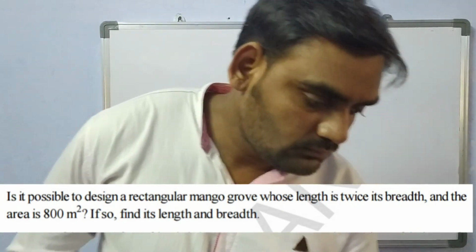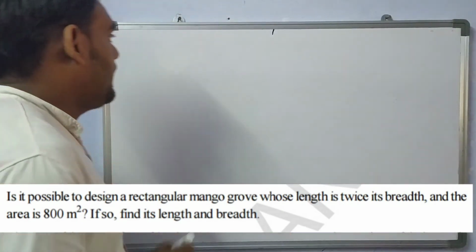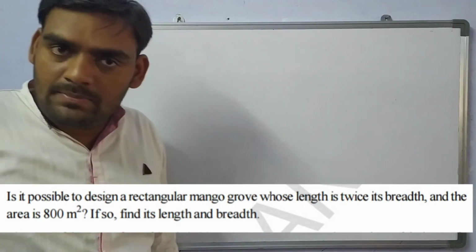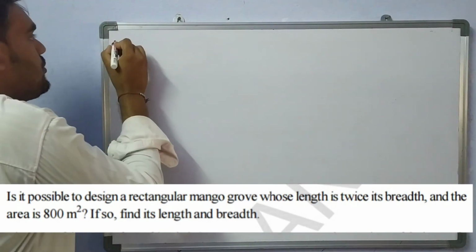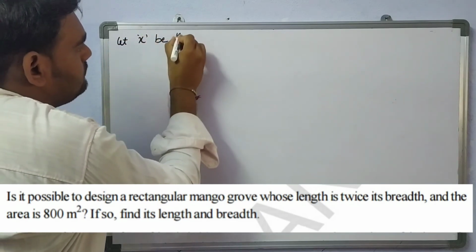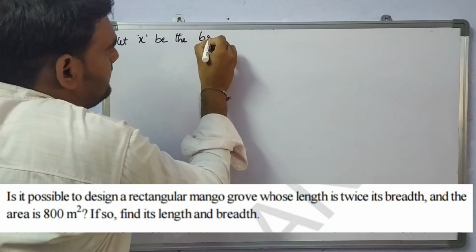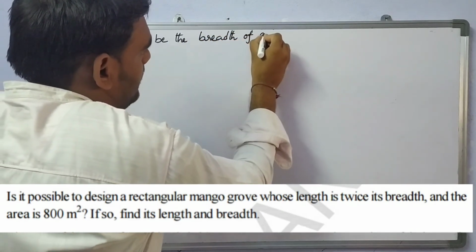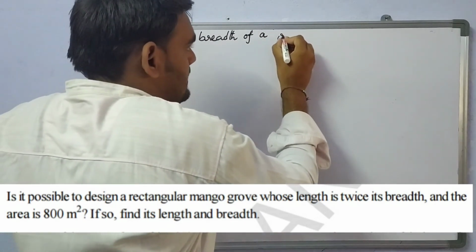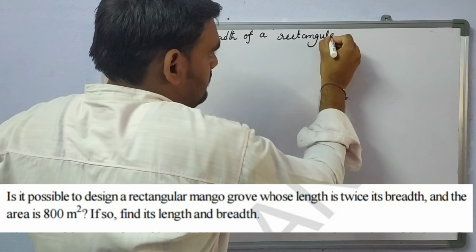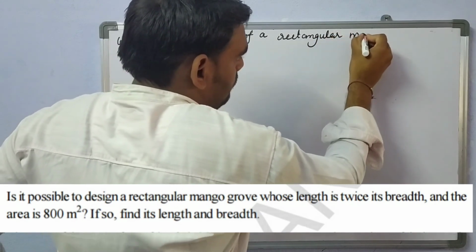See here, first of all, they gave that length is twice of its breadth. So here I am going to assume, let x be the breadth of a rectangular mango grove.